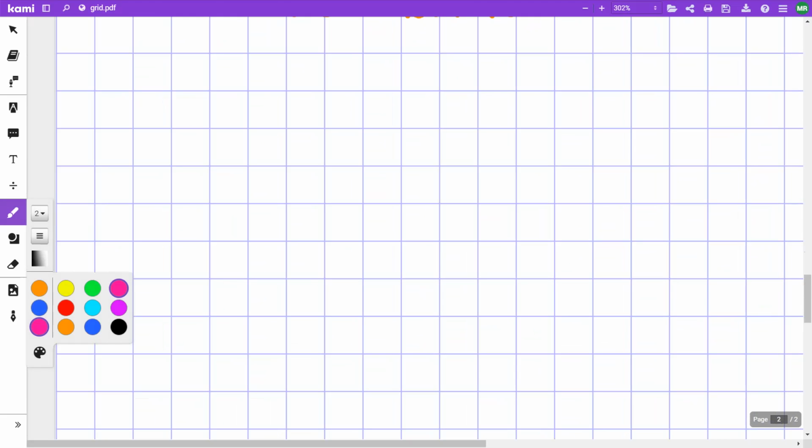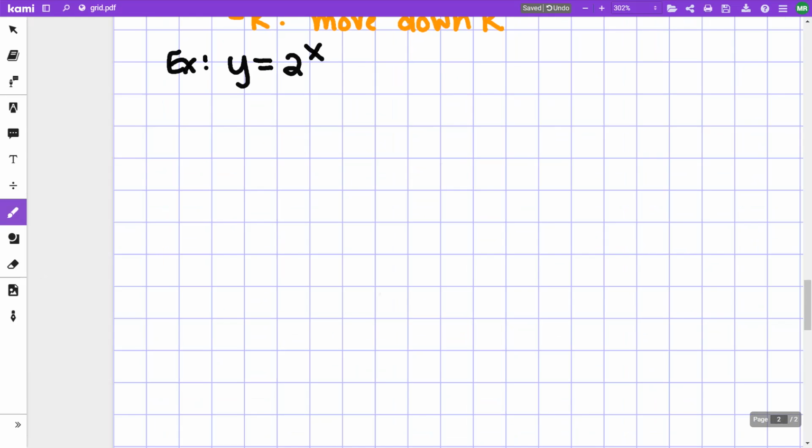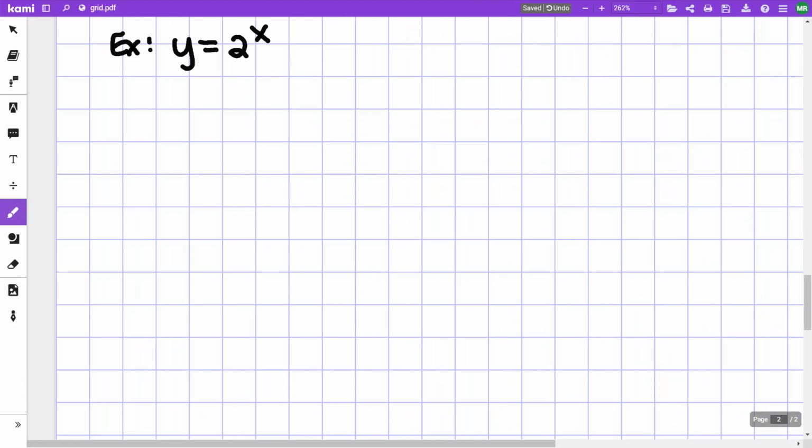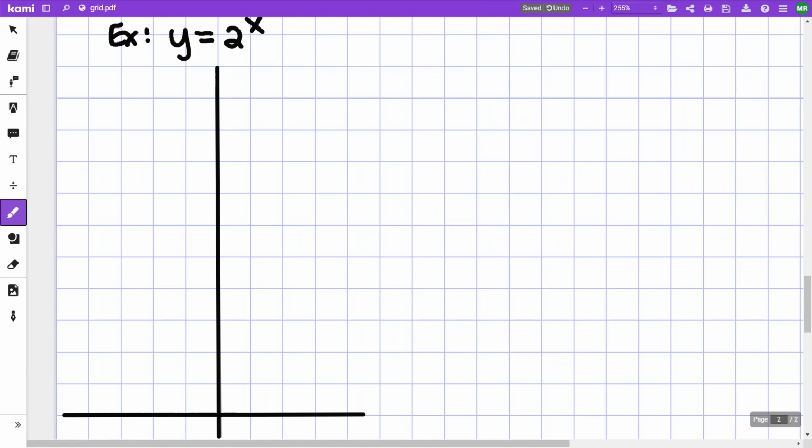So, for this, if I am graphing, as an example, y equal 2 to the power x, we will have everything above the x-axis. So we can draw our graph so that we are just having everything above.